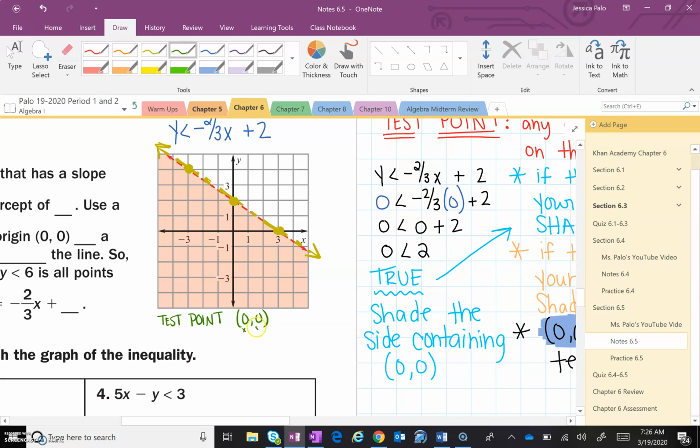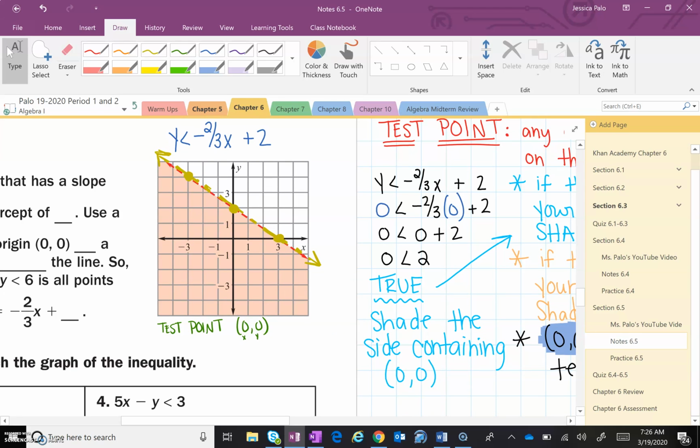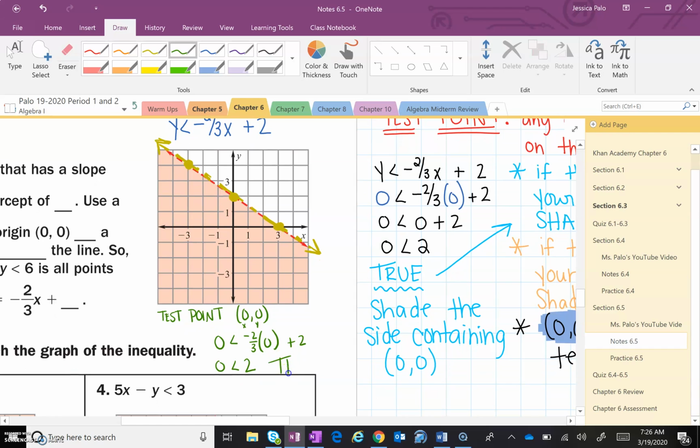So this is my x, this is my y. I am going to plug them both into the inequality. 0 is less than negative 2/3 times 0 plus 2. 0 is less than 2. Is 0 less than 2? It is. This is true.